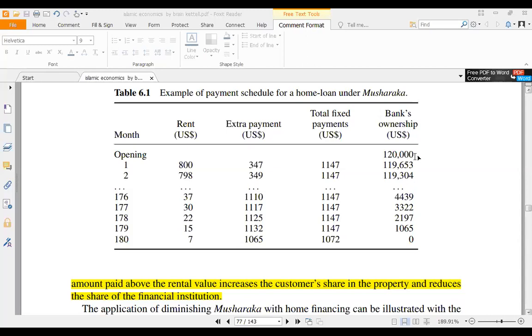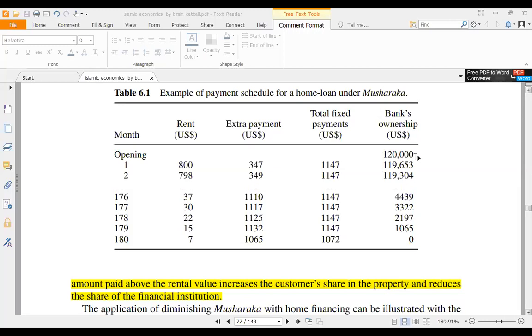Reason: the actual price of the home is 1,50,000. The share of the bank in 1,50,000 is 1,20,000. The share of the customer in 1,50,000 is 30,000.